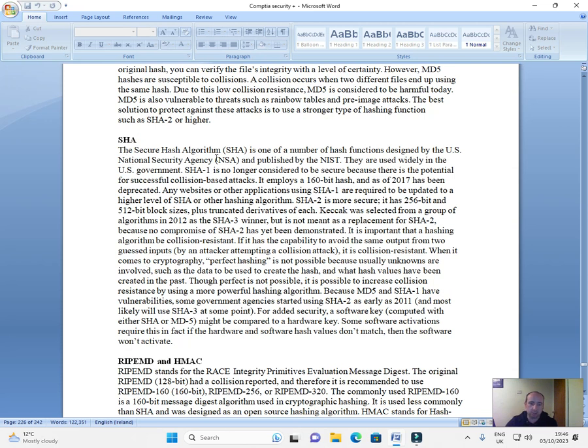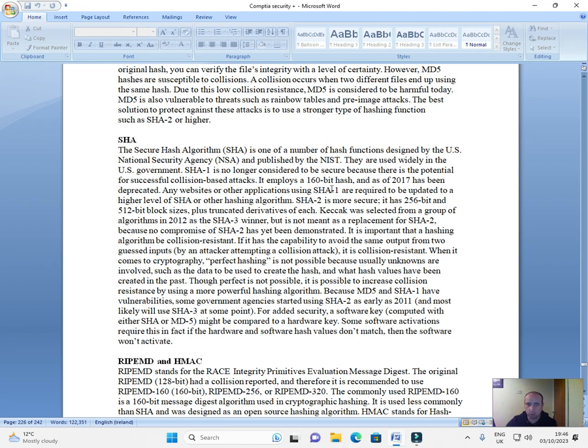SHA, the secure hash algorithm, is one of a number of hash functions designed by the US National Security Agency, NSA, and published by NIST. They are used widely in the US government. SHA-1 is no longer considered to be secure because there is the potential for successful collision-based attacks.